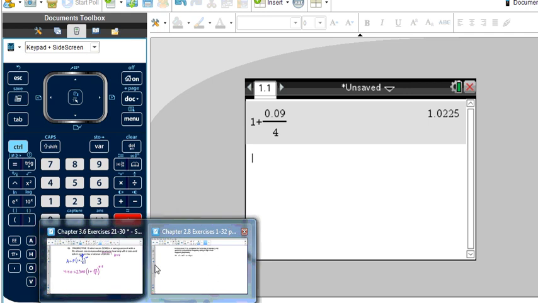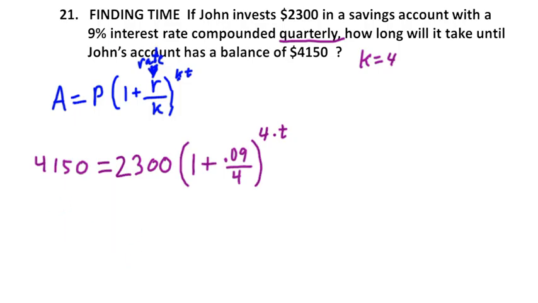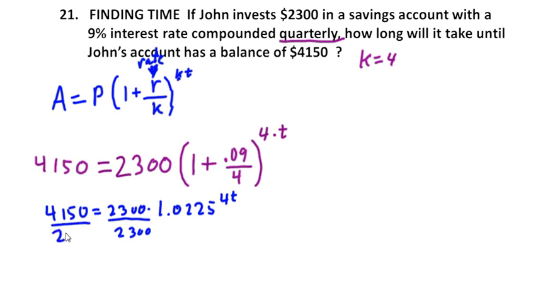So we have $4,150 equals 2,300 times 1.0225 to the power of 4t, and so dividing by 2,300 each side of the equation, we have a cancellation, so we have 1.0225 to the power of 4t is equal to this ratio of 415 over 230.